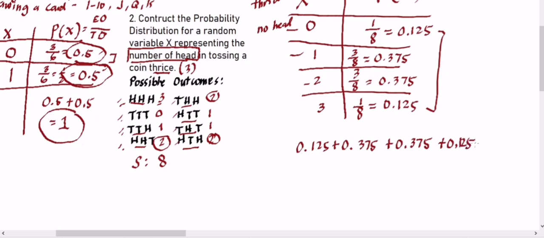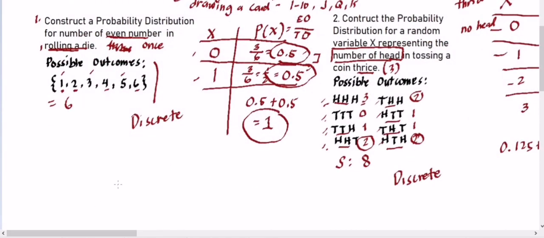If you're going to press that on your calculator, that would be equal to 1. Therefore, this is discrete. Inuulit ko, kapag hindi equal sa 1, ang sagot nyo ay not discrete. Pero since equal tayo sa 1, that is discrete. So that's how you construct probability distribution table. Thank you.